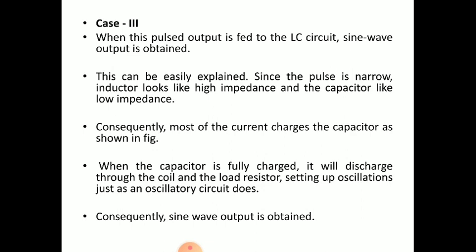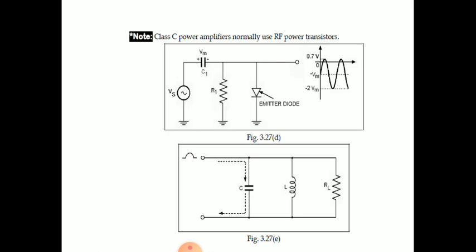When the capacitor is fully charged, it discharges through the coil and the load resistor, setting up oscillations just as an oscillator circuit does. Consequently, a sine wave output is obtained. The pulsed signals we get because of class C operation are applied to a capacitor C1 and the emitter diode.